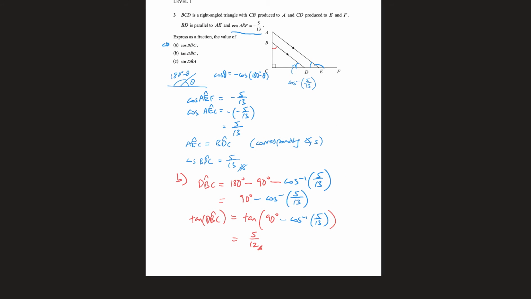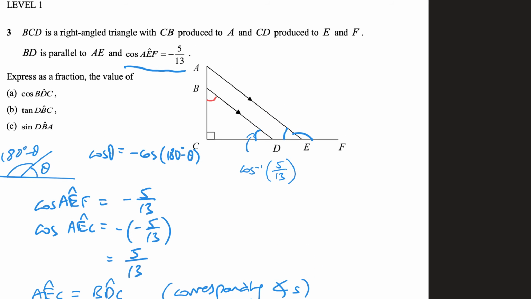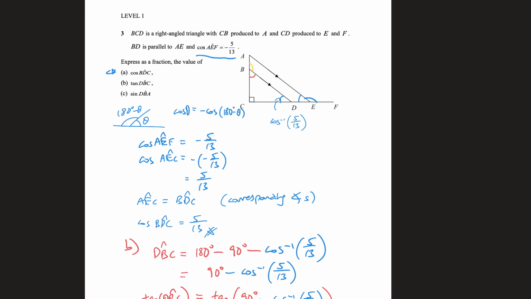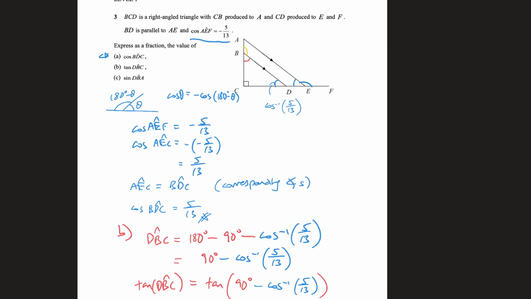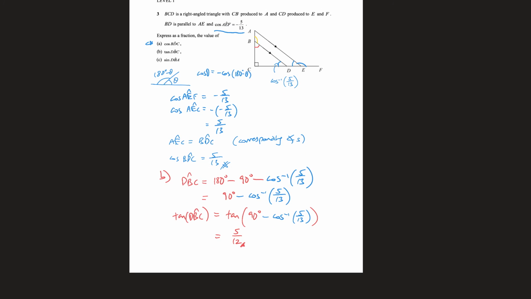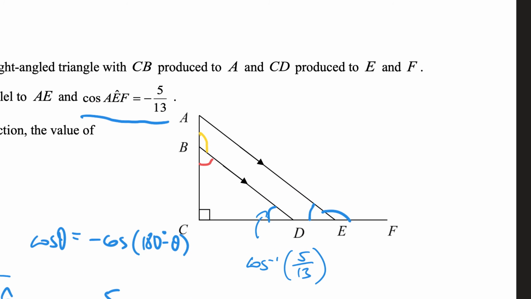Okay. Now let's do part C, sine of DBA. So let's go to DBA, that's sine of this angle. Alright. The way I can solve it now is I know that tangent DBC is 5 over 12. Tangent of this is 5 over 12.